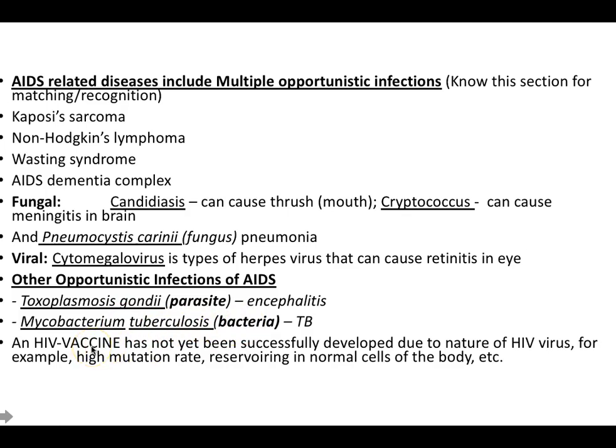And as for the HIV vaccine, we've not been able to do it because of the challenges of the HIV virus: its life cycle, its ability to mutate, its ability to reservoir, and the fact that vaccines don't prevent initial infection or subsequent infection.